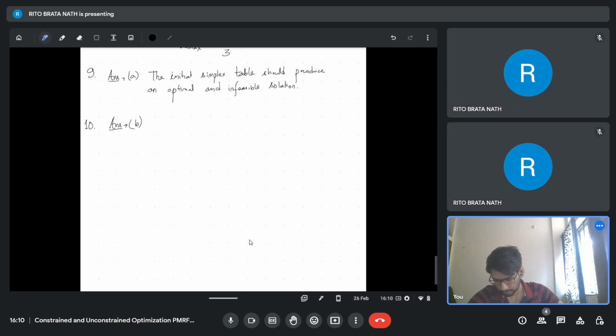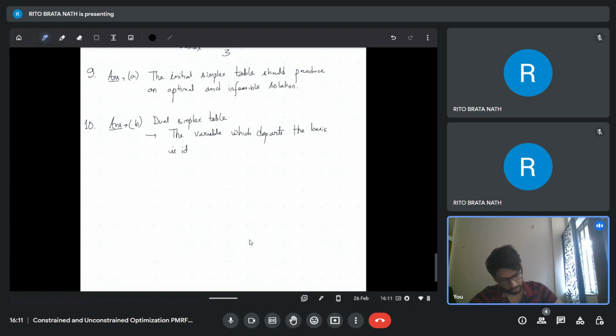So in the dual simplex table, the variable which departs the basis is identified before the entering variable.